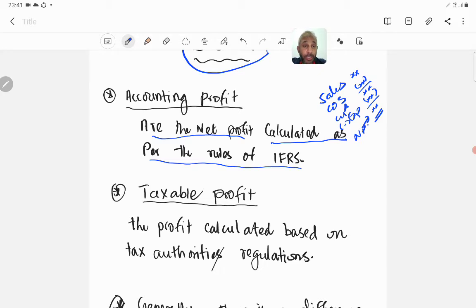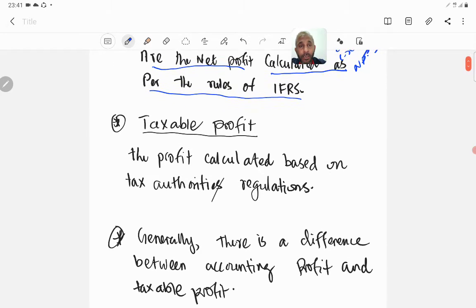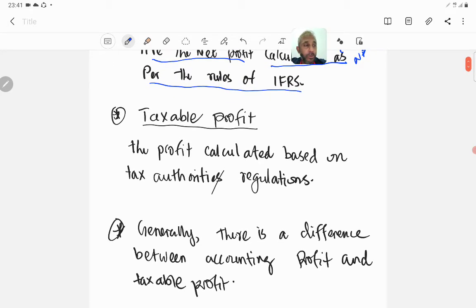this. On the other hand, the tax authorities will produce their own way of preparing profit or loss for the purpose of tax requirements. We call it taxable profit: the profit calculated based on tax authorities' regulation. Every country or every regime will have their own regulation, their own tax rules or their own tax law.